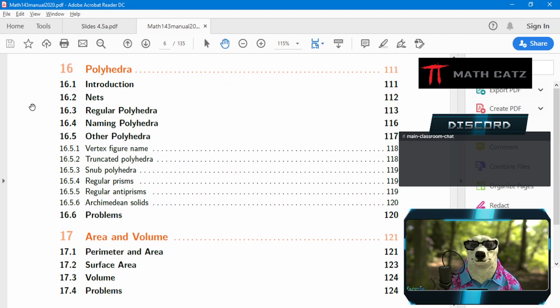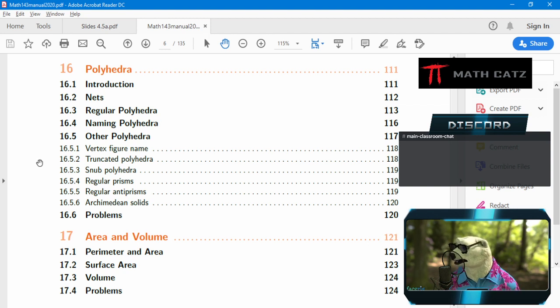Polyhedra is what we just did. There will be 2 pages on that. One page is on platonic solids. Do you know everything about the platonic solid? The faces, the vertices, the edges, the vertex figure name? Can you draw it? All those things. Those we do want to draw. The next page is on the other polyhedra.